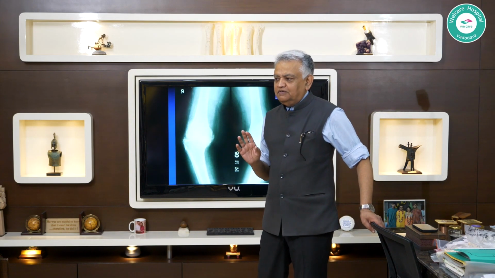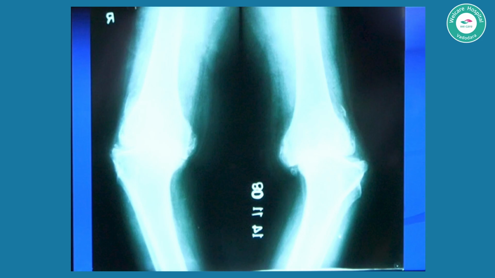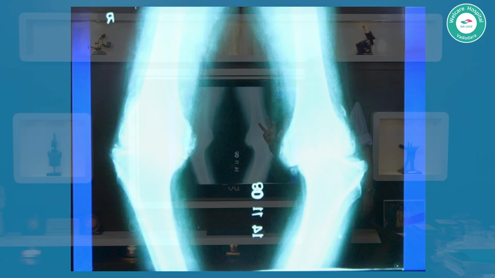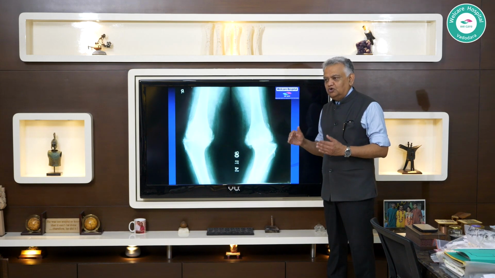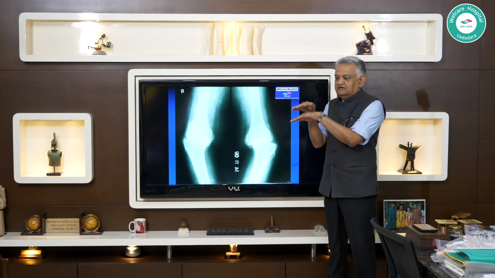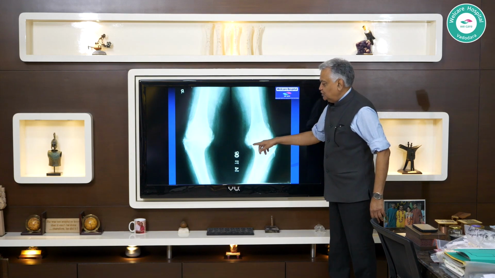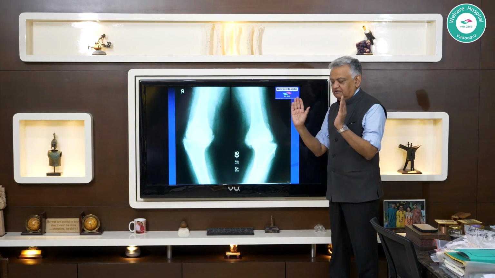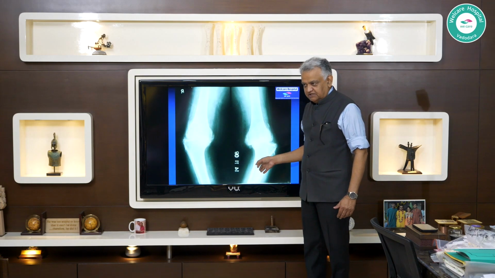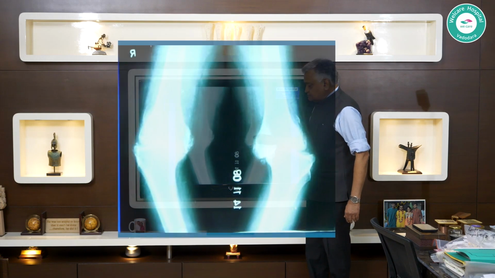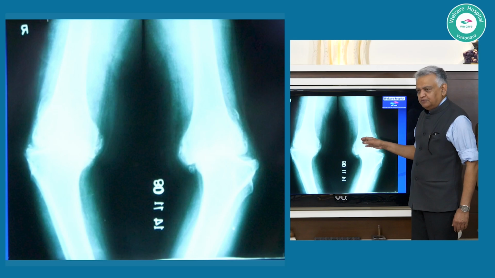So when you talk about varus deformity, the varus deformity can come from three different levels. One is from within the joint, which is usually due to the bone loss of the articulating ends of the bone. So more and more bone is worn out and the tibia keeps on going into varus. Usually the bone loss is on the tibial side, but there will be some amount also on the femoral side.